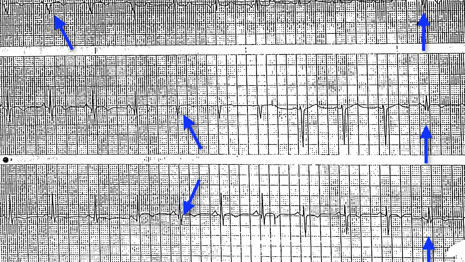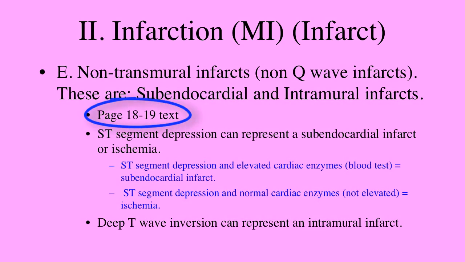Okay, going back to the PowerPoint then, before we do examples, there's one exception where it's not a transmural infarct. And the best resource for this is looking at pages 18 and 19 in the small text.